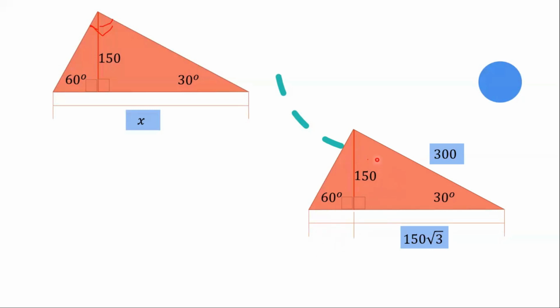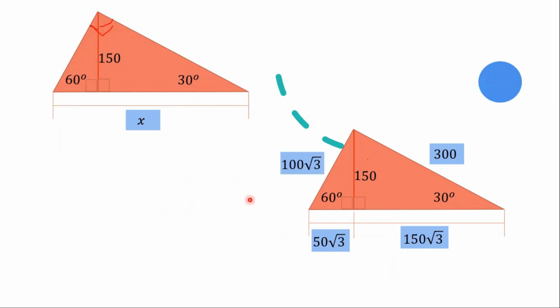So 150 divided by square root of 3. Simplifying, we multiply both numerator and denominator by square root of 3. We get 50 square root of 3. Since we will be solving for x, that's the total length. So 50 square root of 3 plus 150 square root of 3.